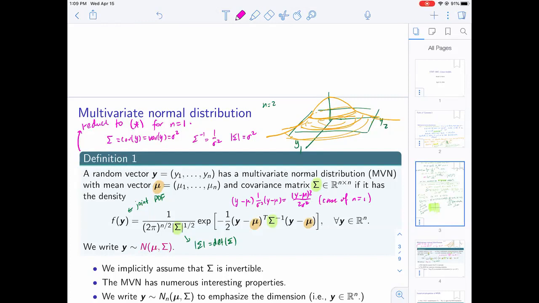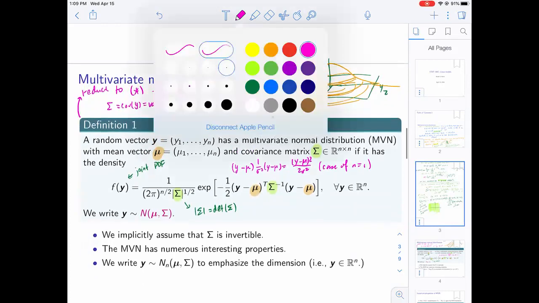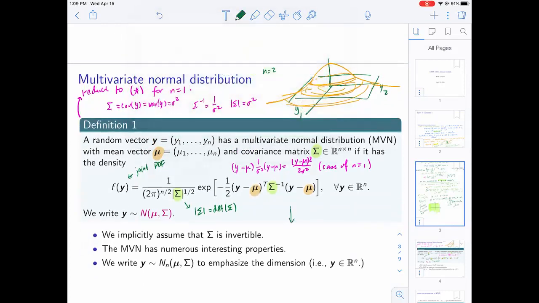In general, the general MVN is complicated because sigma may not be diagonal. If sigma was diagonal, then the inverse would be diagonal and things would simplify, but in general you could have covariances.